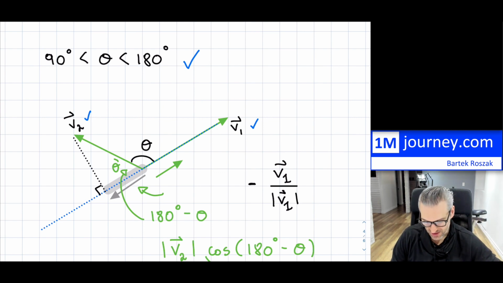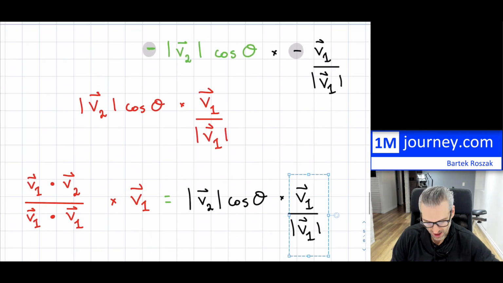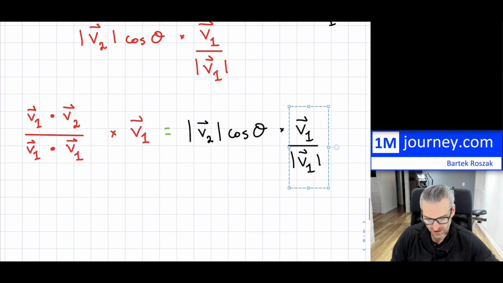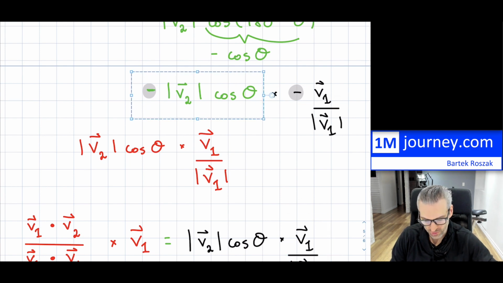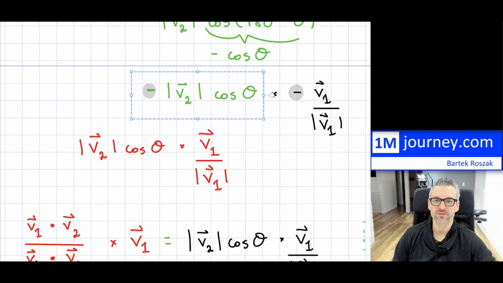In those cases you do have to be careful, because if you're taking the magnitude only, that magnitude is going to take on a negative sign, because if you're between 90 and 180, it is in the opposite direction. So the magnitude is actually the negative of V2 multiplied by cos theta. That's what you will find.